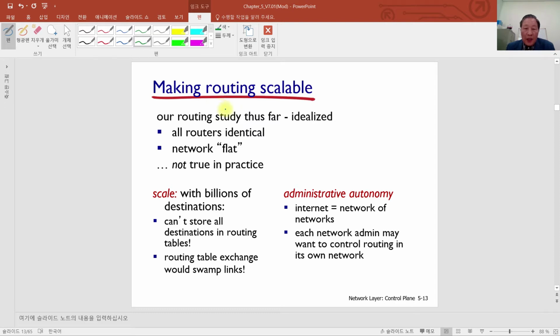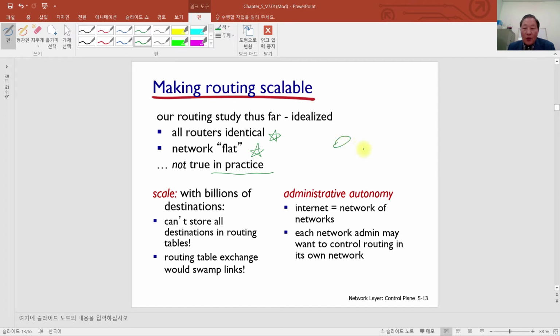To make routing scalable: our routing study thus far idealized, assuming all routers identical and the network flat. But actually the network is not flat, so this is not true in practice.